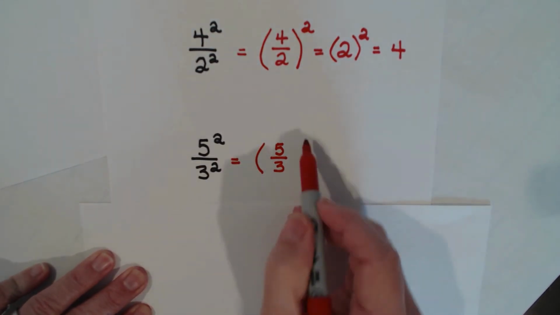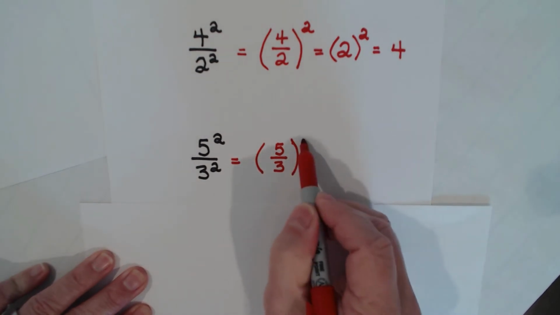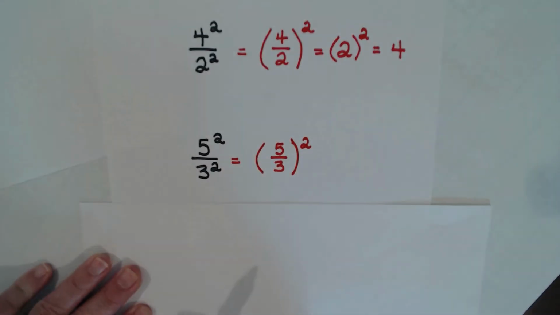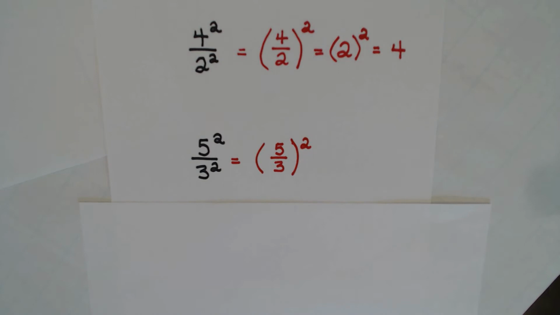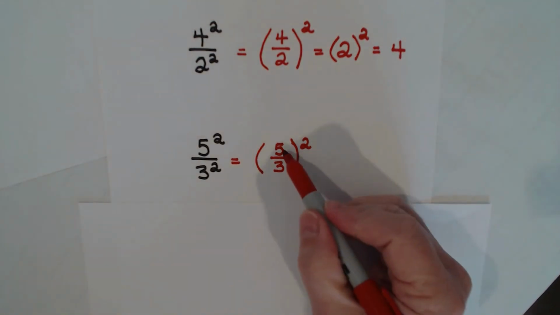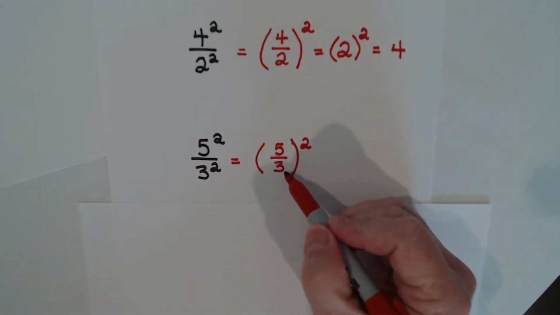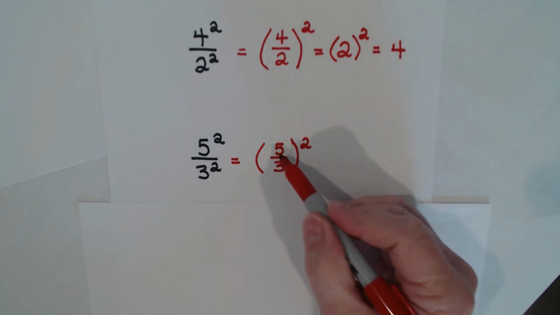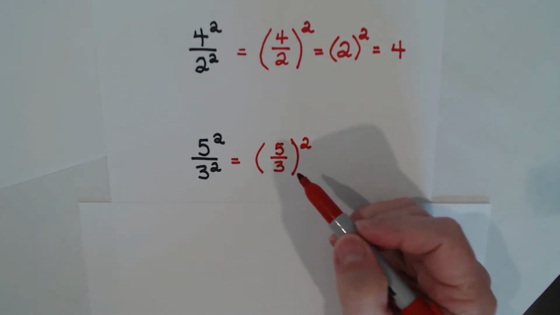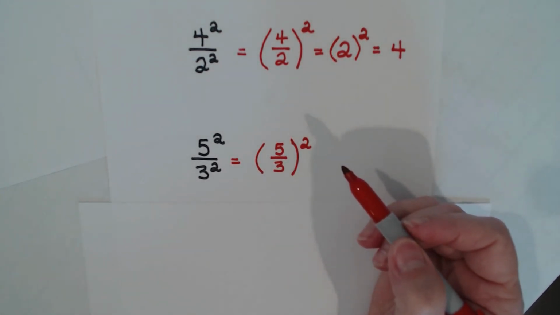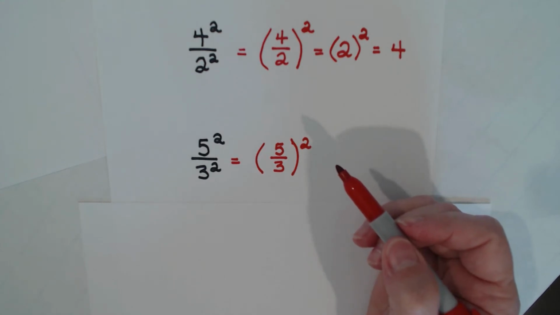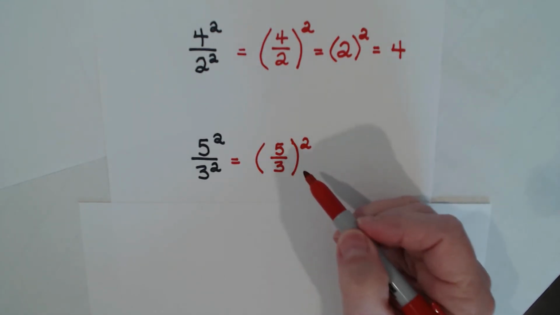I'm going to divide my bases, put my exponent on the outside, and that's it. I'm going to leave it just like that because I can't divide 5 by 3 and get a whole number. I could get a decimal. If they want decimals, again, look at your directions, see what they want. If they would evaluate it, then I would have to divide these.